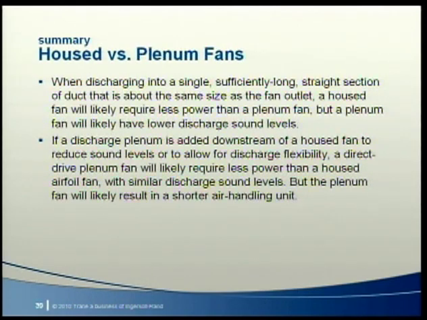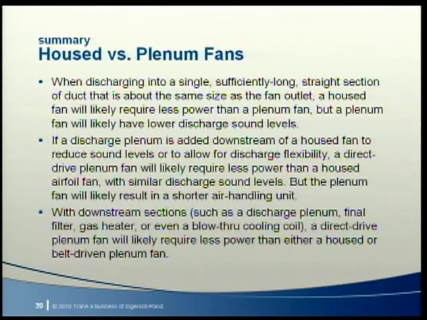Additionally, the plenum fan will likely result in a shorter air handling unit. When downstream sections are present, such as a discharge plenum, final filter, gas heater, or even a blow-through cooling coil, a direct drive plenum fan will likely require less power than either a housed or belt-driven plenum fan.